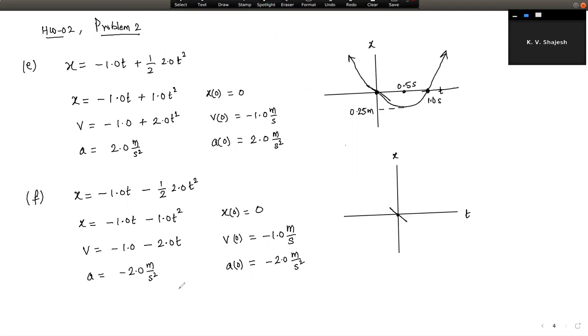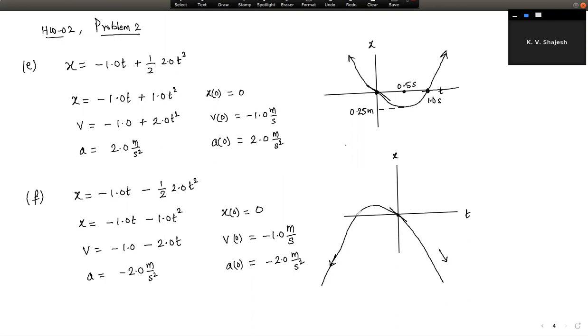And at a large t, using the position graph, we know that it will be negative. So it seems like we will have negative here and on the side. So completing the characteristic, it seems like this will be like this. It will be a plot.